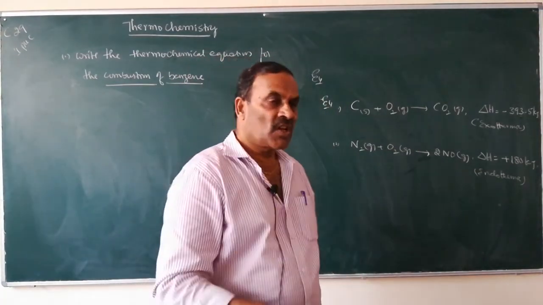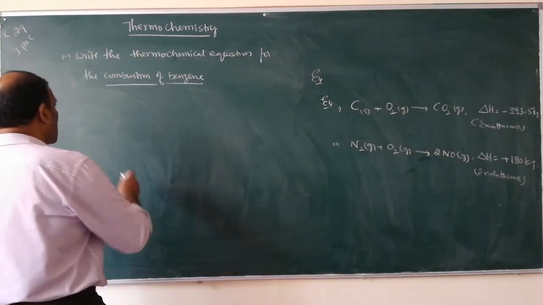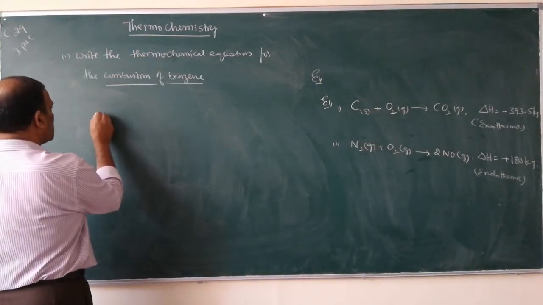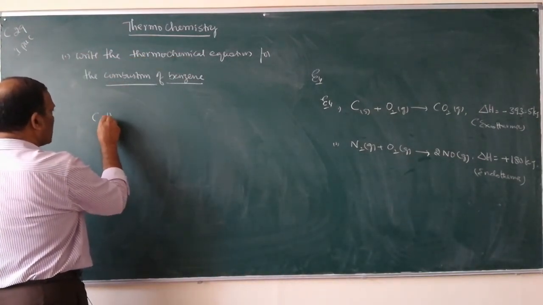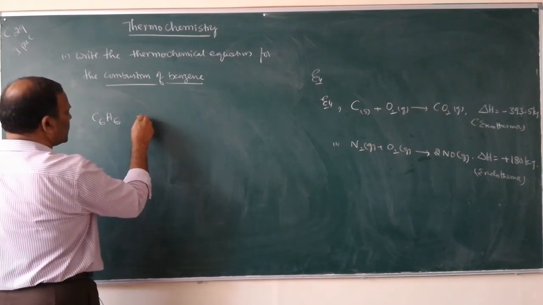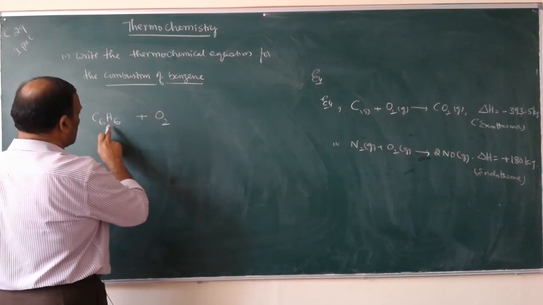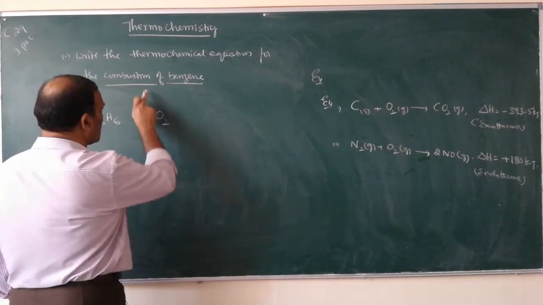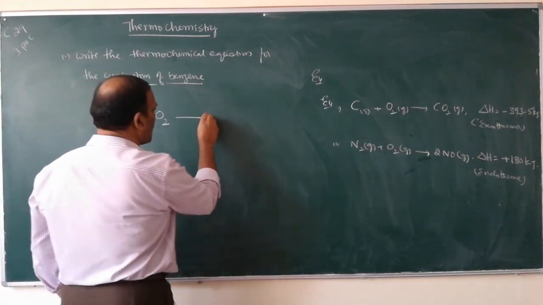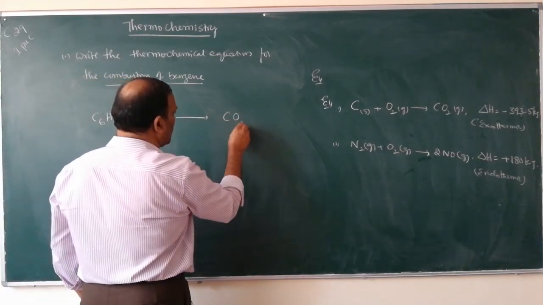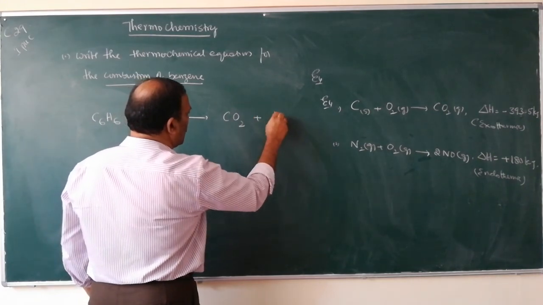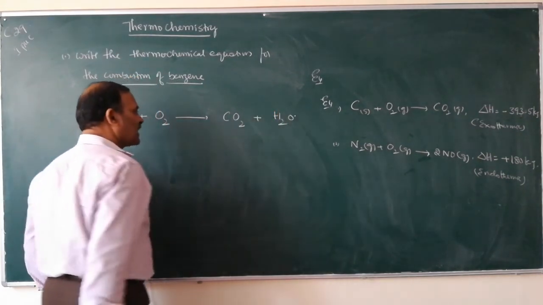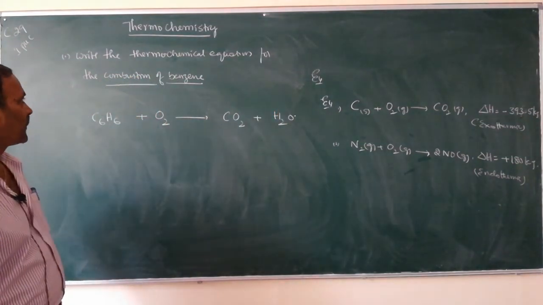Therefore, combustion of benzene is written like this. What is the formula of benzene? C6H6 plus O2 gives carbon dioxide plus water. So this is the skeleton of the equation.